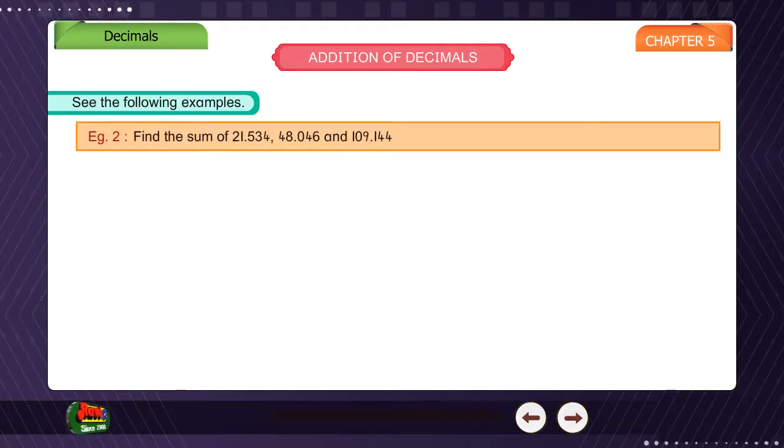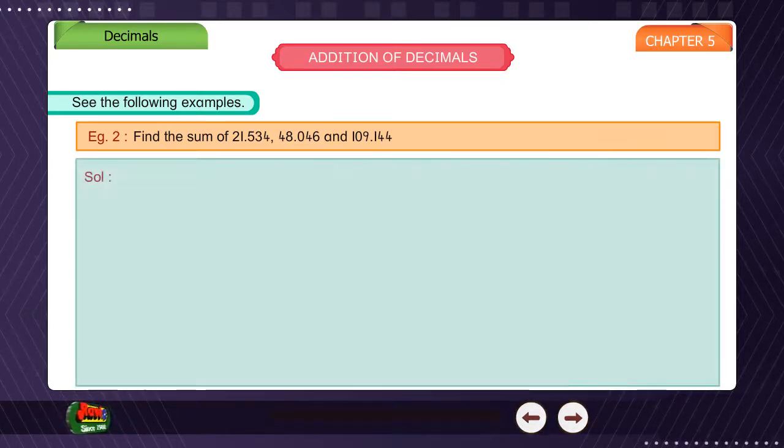Example 2. Find the sum of 21.534, 48.046 and 109.144. Solution.